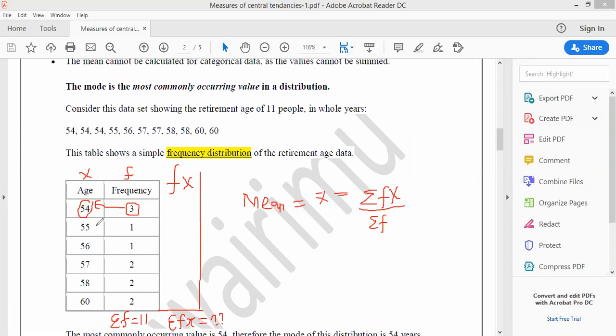I repeat, in this distribution, we have the column we are calling the frequency column. The value that corresponds with that highest frequency, in statistics, that is what we define as the modal value. So in our case here, our age of 54 years becomes the modal age in this particular distribution.